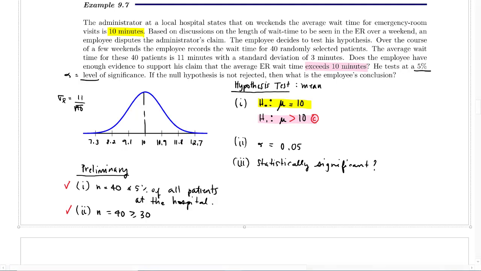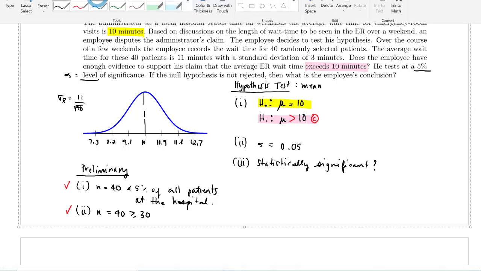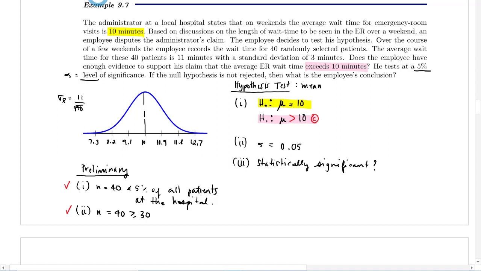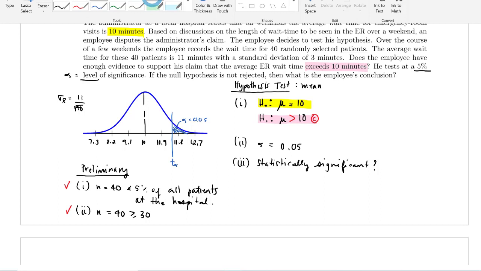Let me go ahead and mark it for you. So here's alpha, which is 0.05. And because we're doing a mean, this would be a t distribution, right? T sub alpha.